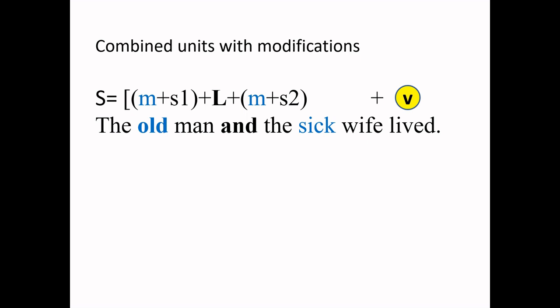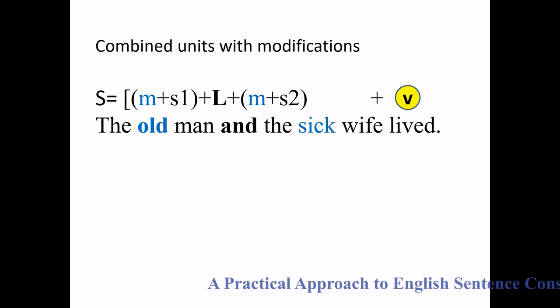But I just can't write man and wife without any modifications, because now the sentence pattern reminds me that there must be two adjectives to qualify the nouns. Like, for example, open square brackets, within circular brackets M plus S1 close circular bracket plus L plus again circular brackets M plus S2, then again that circle is closed, and then with a square bracket to show that there is a combination as well as a modification.